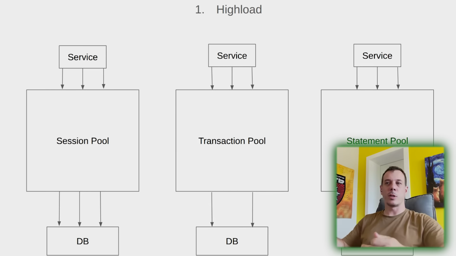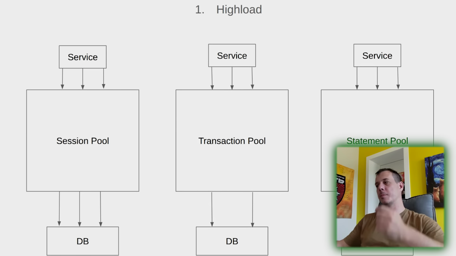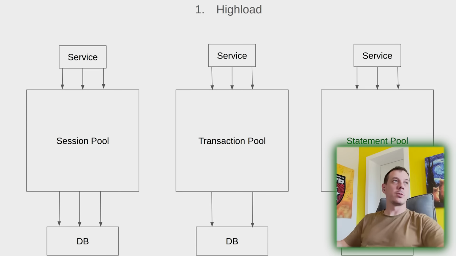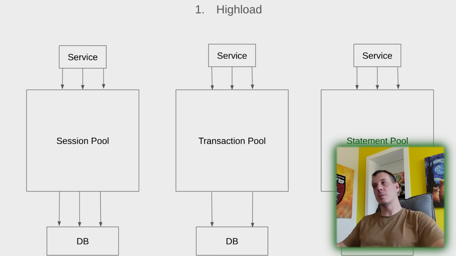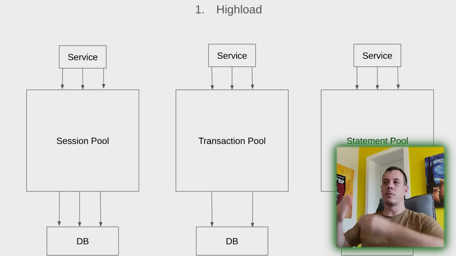But still, you will have as many connections to Postgres as you have simultaneous queries. In transaction mode, you can have fewer connections per user, because queries can switch on transaction.